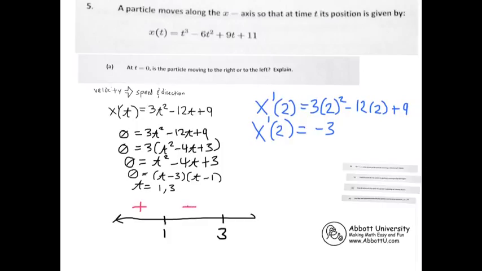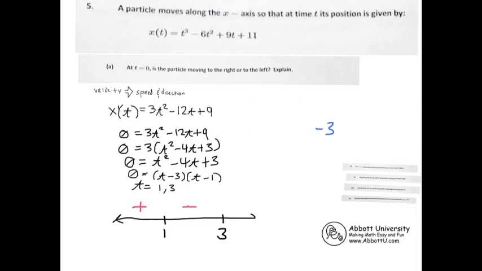Now let's try a test value for this last interval, and I'd say 4 is a decent value to test. So x prime 4 would be 3 times 4 squared minus 12 times 4 plus 9.